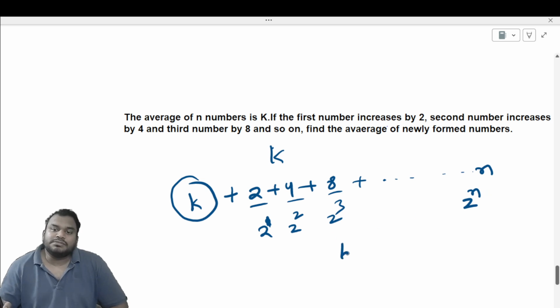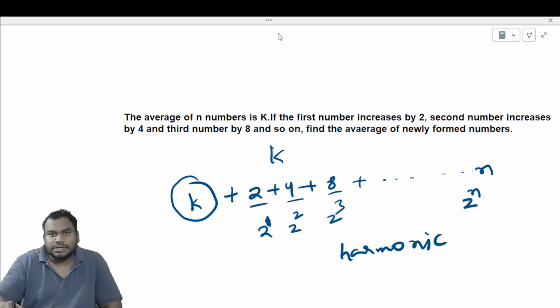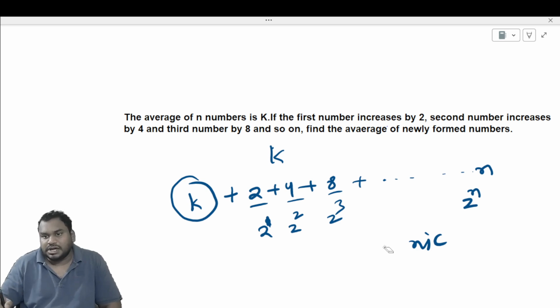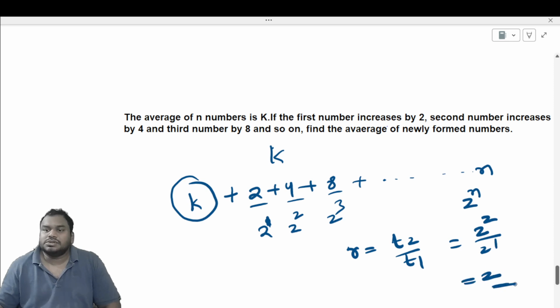They are in harmonic progression, not harmonic, geometric progression. They are in geometric progression with R value. R in geometric progression is T2 by T1, second term by first term. So 2 power 2 by 2 power 1, so it is nothing but 2. So 2 is the R value.